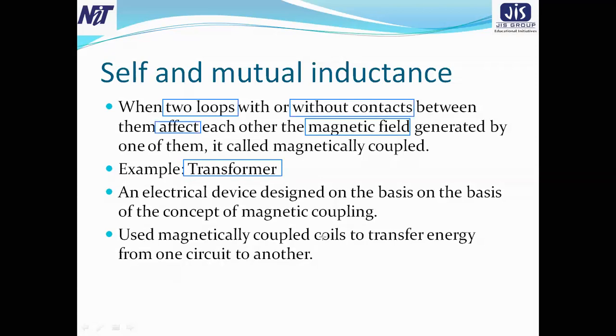If you follow the working principle of the transformer, you will find the magnetic field is generated inside the transformer. There are two loops, primary and secondary, and there is no contact between primary and secondary. So the transformer is an ideal example of a magnetically coupled circuit.